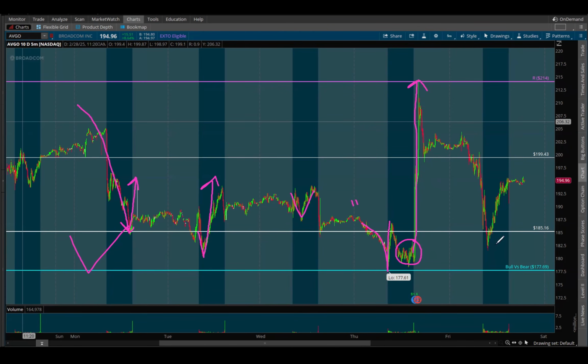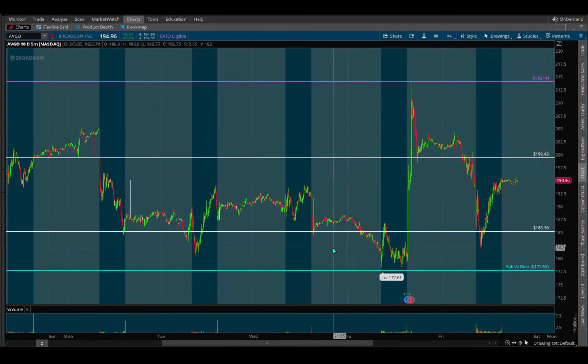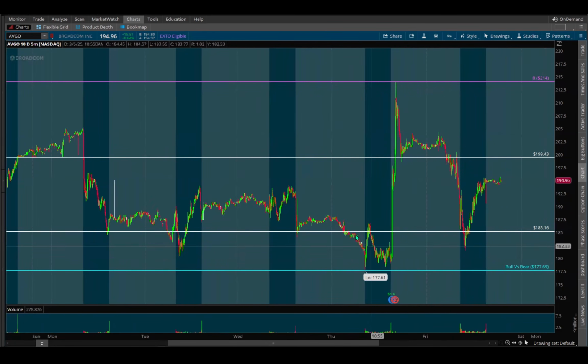And then on Friday, which was the previous trading day, we break slightly below and then rip all the way back up. So as of now, we've seen the bears try to sell the stock down in the open market, try to short it down, try to hold it below 185, whereas the bulls are doing a great job of soaking up all of that stock below 185 and blasting it higher.